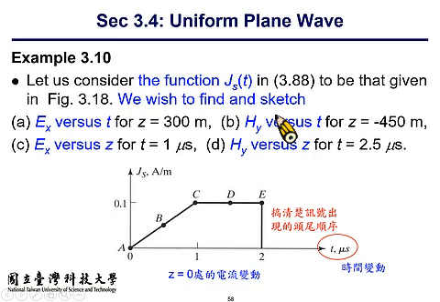Problems C and D ask you to draw the spatial variation of the electric and magnetic field intensity at t equals 1 and 2.5 microseconds. So parts C and D ask you to draw Ex and Hy versus z, that is the spatial variation.